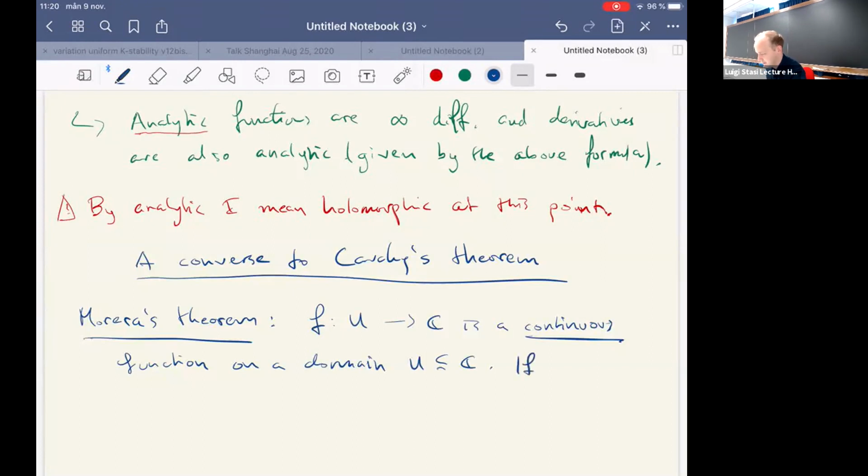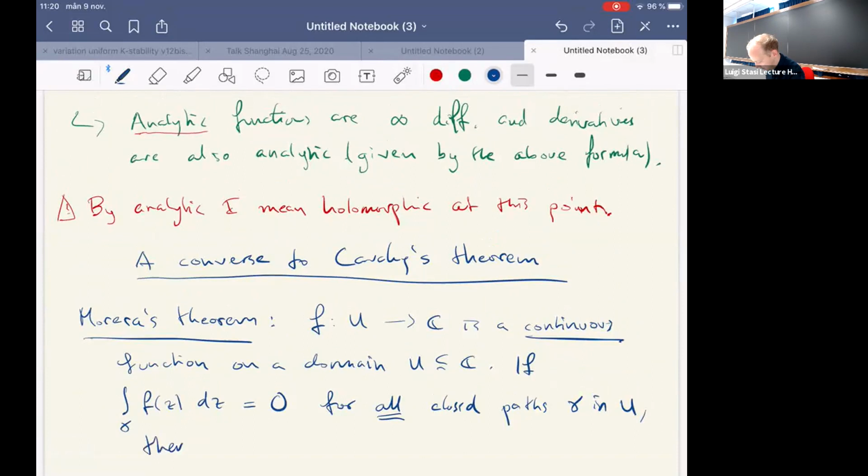And then the theorem says, the converse, as I said, to Cauchy's theorem, which would be what? It would be that if the integral of f along a curve gamma is 0 for all closed paths gamma in U, then f is analytic, but thanks to the remark here, I will instead write that it is holomorphic.